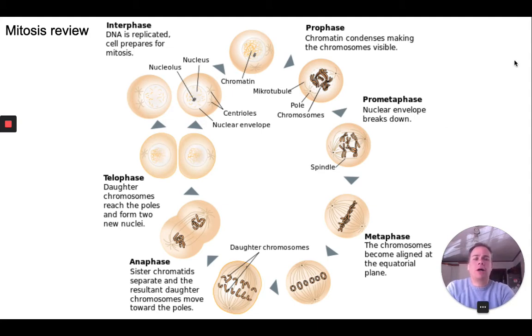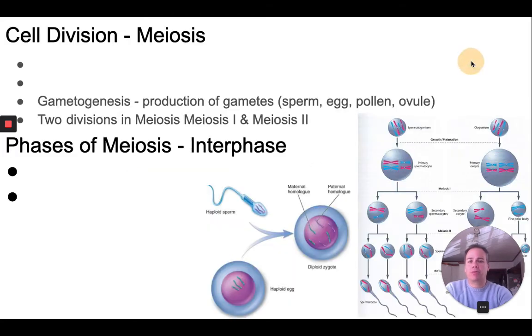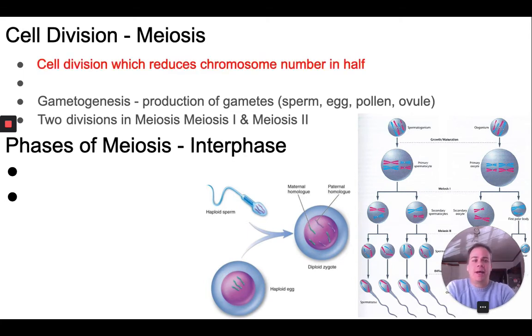So we're going to be talking today about meiosis, which actually reduces the number of chromosomes by half. Meiosis is cell division that reduces the number of chromosomes by half, and that's important to produce specialized cells called haploid cells or gametes.